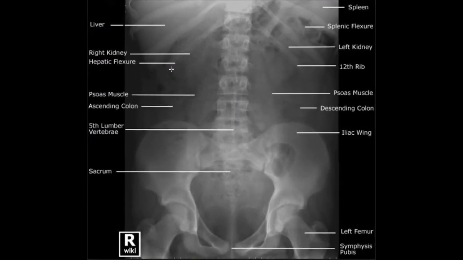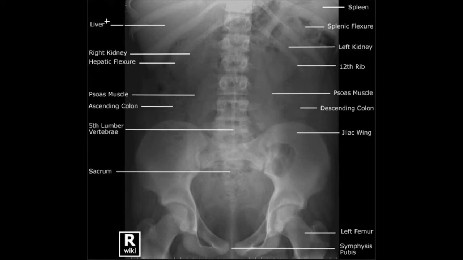So alright, we will start with the basic anatomy of an abdominal x-ray. Number one, we will start proximally, moving on distally. Proximally as in the part above and then going to the part below. So number one, we have major organs in the abdomen.